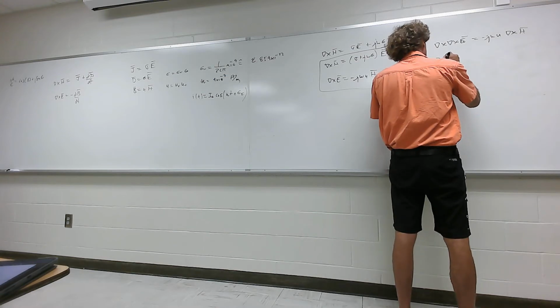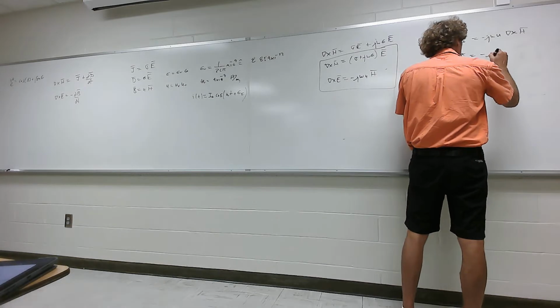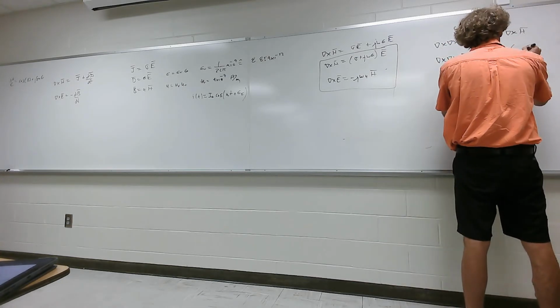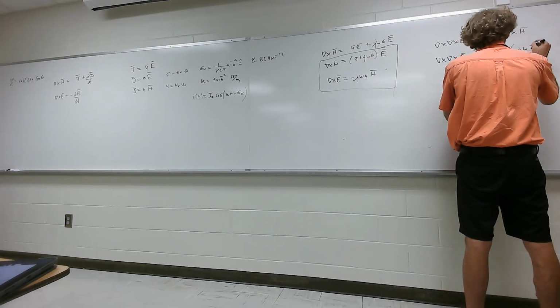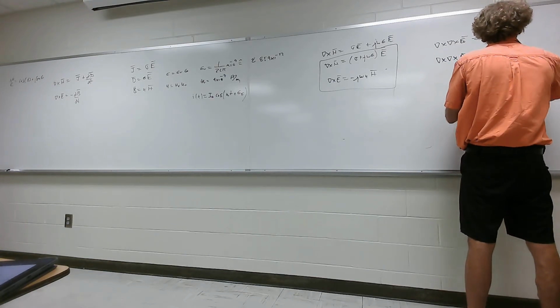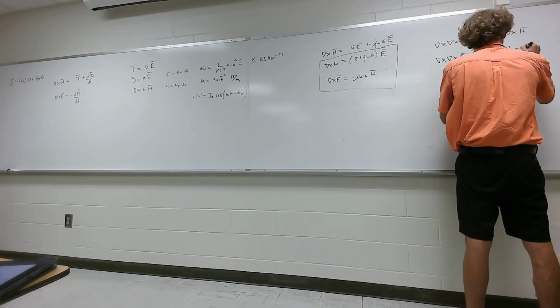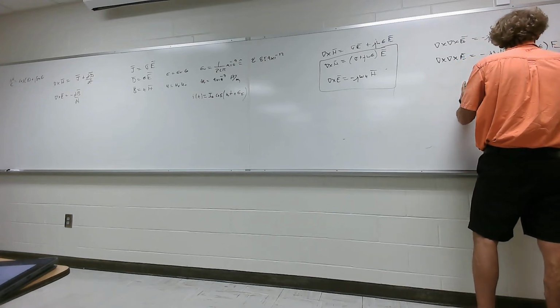So I have curl of curl of E is equal to minus j omega mu times curl of H, right there, which is minus j omega mu times curl of H up here, it's equal to sigma plus j omega epsilon times E. Take a look.